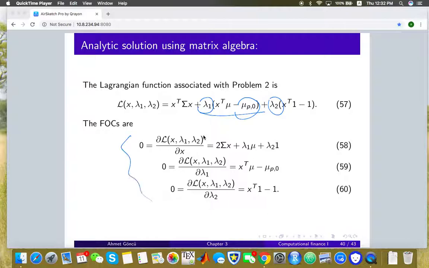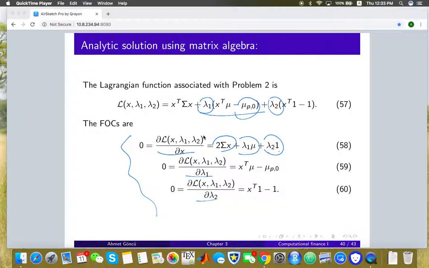If we write down the first order conditions, now we will have these 2 partial derivatives with respect to lambda 1 and lambda 2. You can see that our partial derivative with respect to each of these xi values is represented here. And then we also have the derivative with respect to x that brings us lambda 1 times mu.